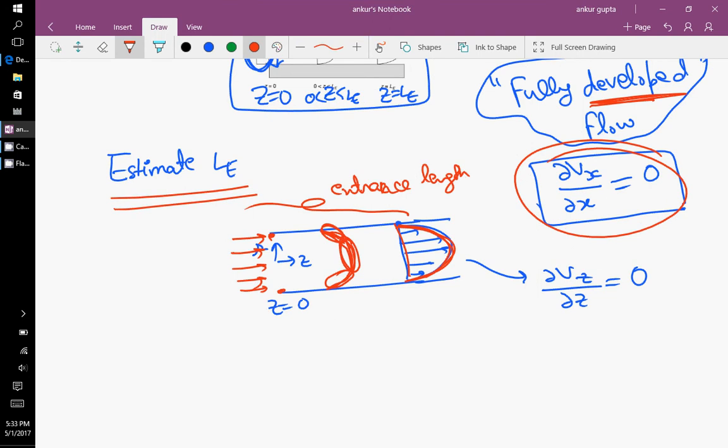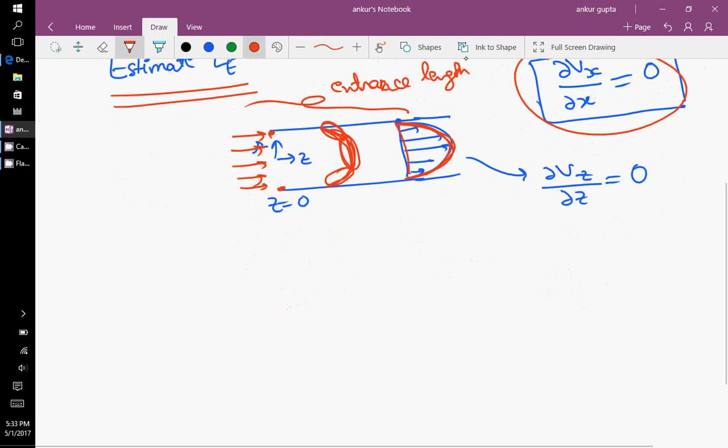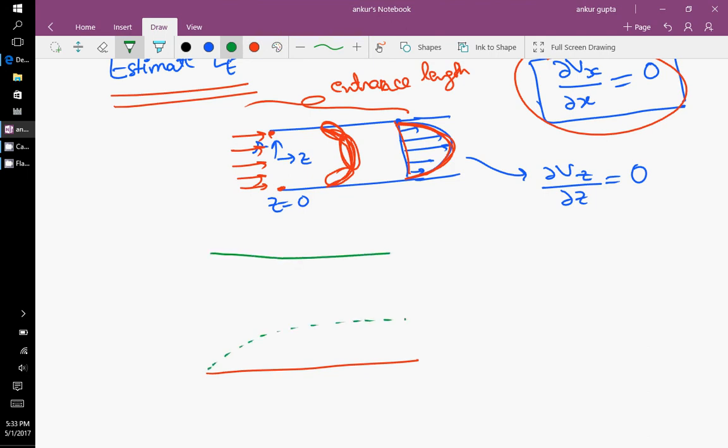You can imagine that this is like saying that you have flat plates which have boundary layers like this from one side, and another side here, and basically the boundary layers come and meet.